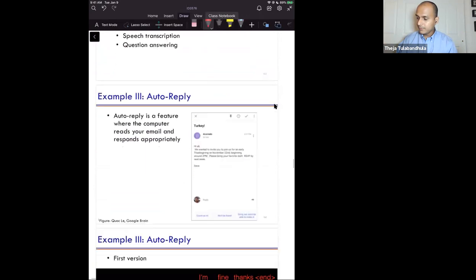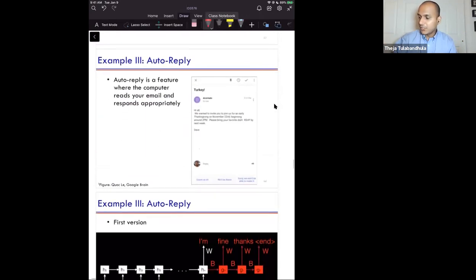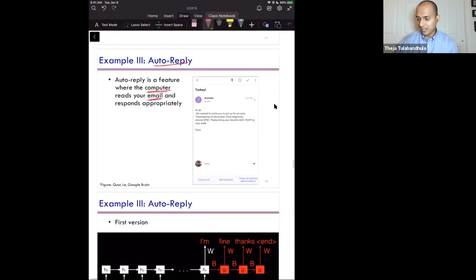So what is auto reply? Just to recap quickly, auto reply is a feature where your app basically figures out from your email what to respond appropriately, and sometimes it works, and this has also been rolled out in many email clients.